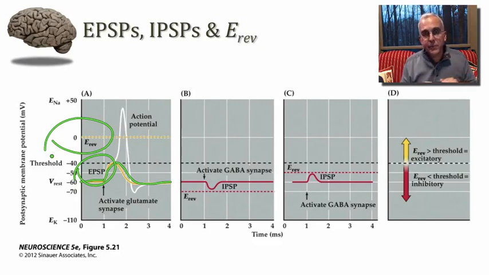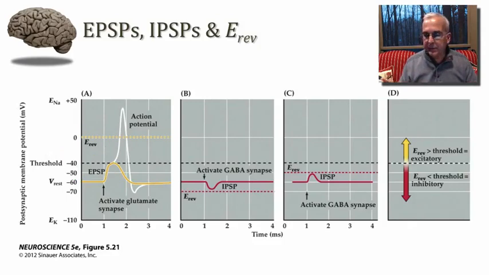So the reversal potential is about 0 millivolts, and that's because sodium is entering the cell through the AMPA ionotropic receptor, and potassium is leaving the cell. So the voltage, that is the membrane potential, at which there's no net current flow, is 0 millivolts. Okay, so what does that mean for this particular synapse that has this effect on this neuron?